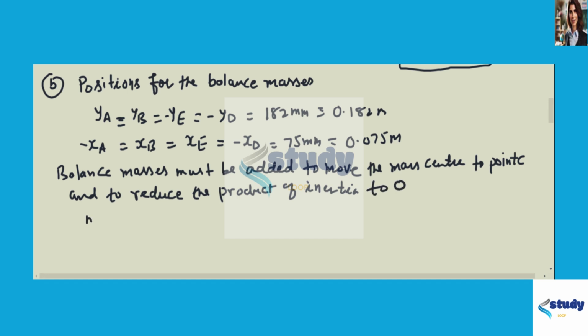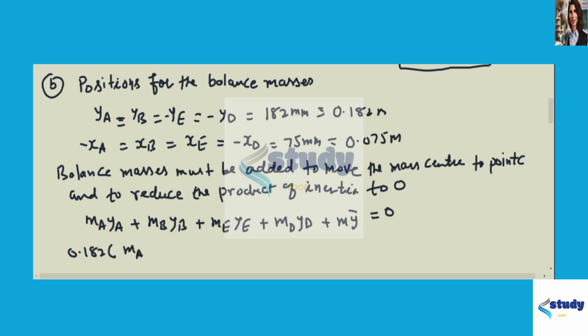So MA YA plus MB YB plus ME YE plus MD YD plus M y must be zero. All these have the value 0.182 meter.